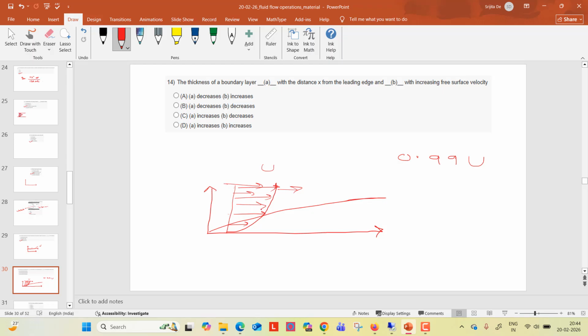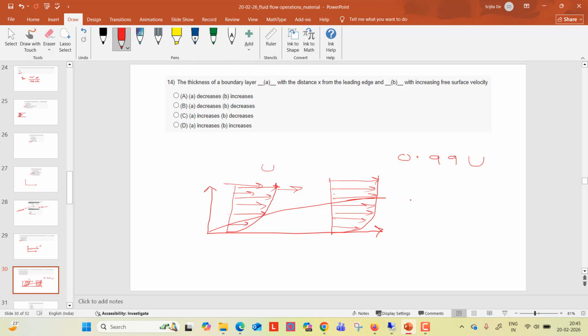And after some point, this will increase, and this is the level of the fully developed portion.